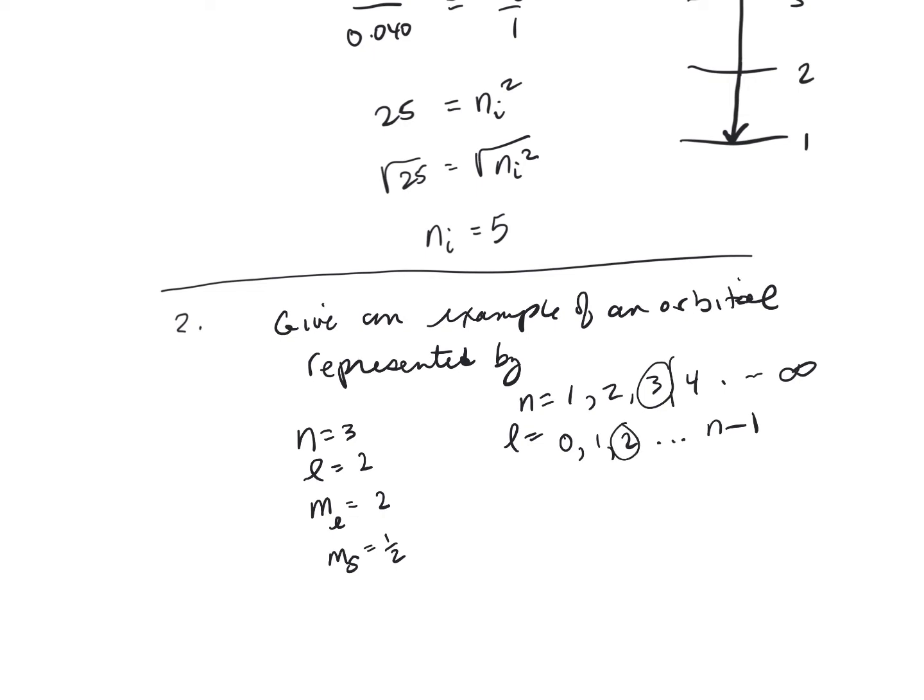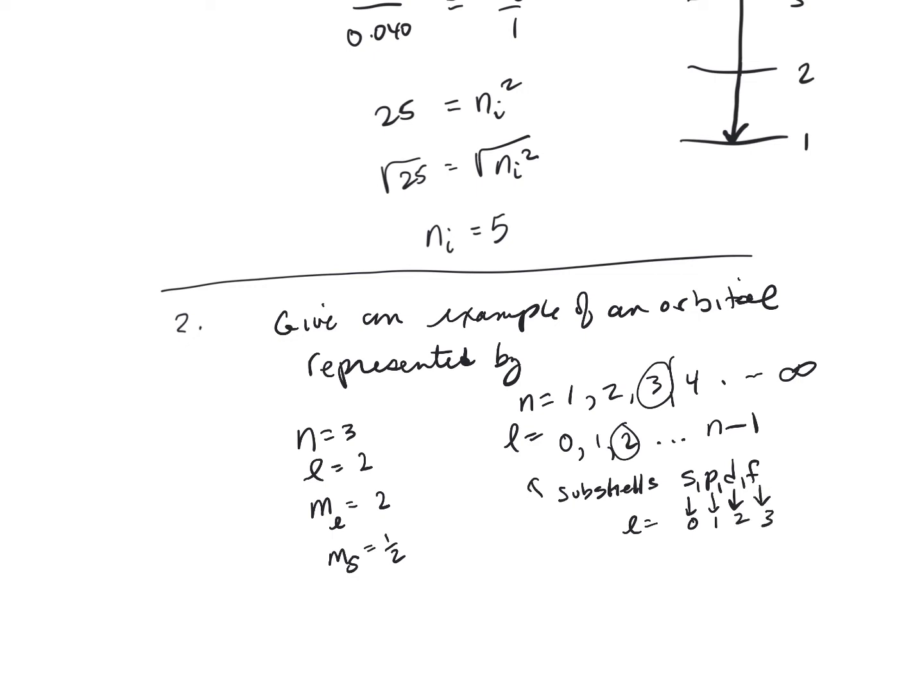And so L represents the subshells that are called S, P, D, and F. So S corresponds to the L value of 0, P corresponds to 1, D corresponds to 2, and F corresponds to 3.